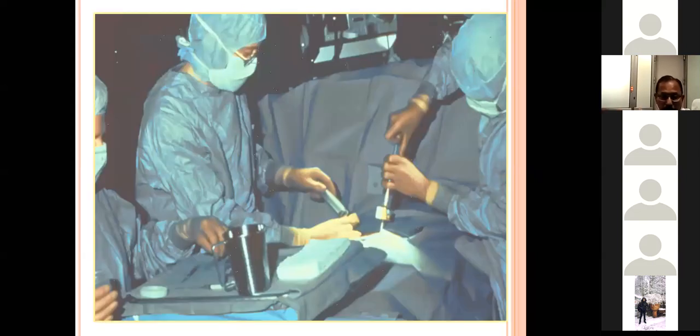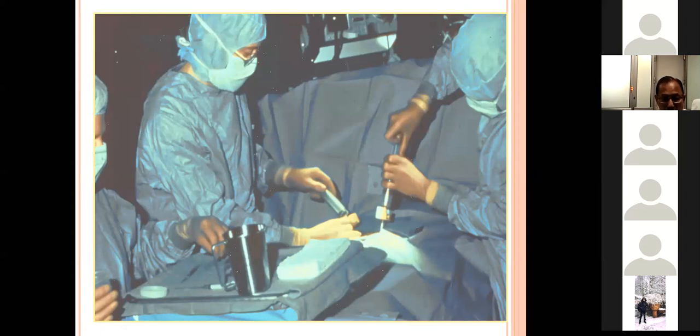So this is the process of harvesting or extracting stem cells from the marrow. The patient is lying here, under GA, in the prone position, उल्टा patient लेटता है, and this is the posterior superior iliac crest, the area where you put the bone marrow needle and harvest the bone marrow stem cells.